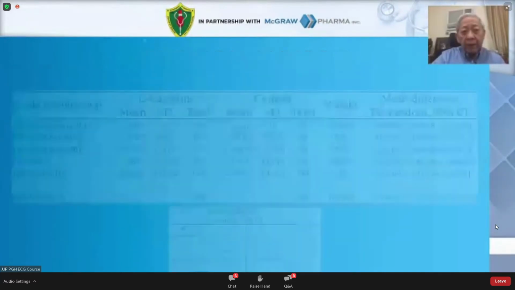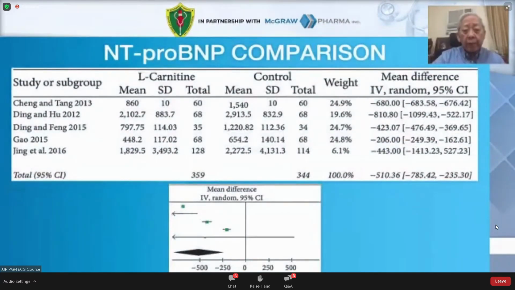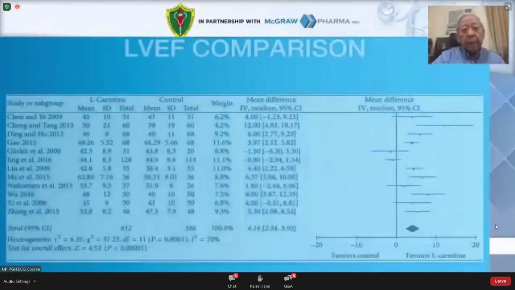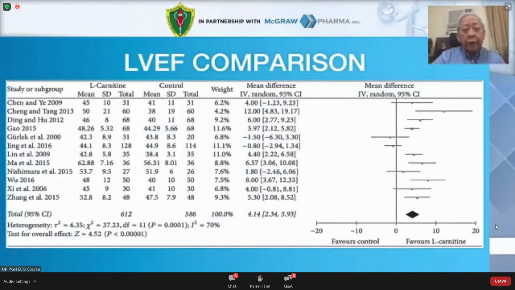A more specific measurement is the NT-proBNP. And again, the reduction is favoring the use of L-carnitine. With left ventricular ejection fraction measurement, there were more studies in this, and it showed a mean reduction from this meta-analysis of 4%, favoring the use of L-carnitine.